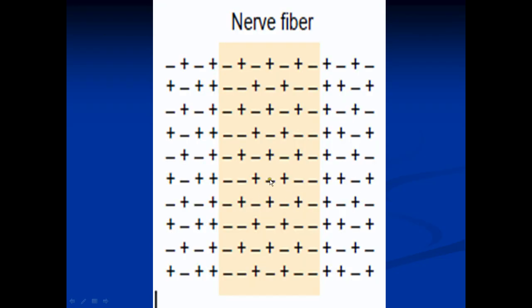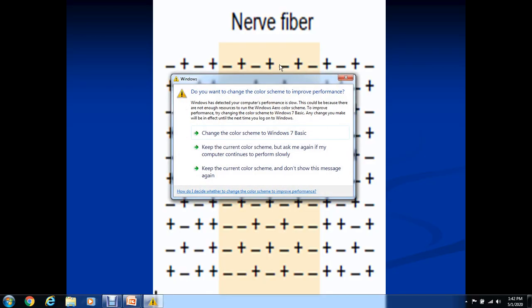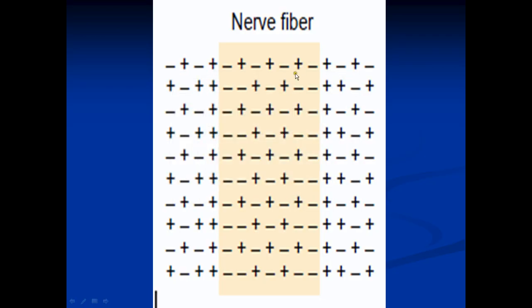This diagram shows a light pink colored nerve fiber. You will see the positively charged substances and negatively charged substances. There is an equal amount of positively charged and negatively charged substances within the cell, and the same equal amount of negative and positive charged substances outside the cell.